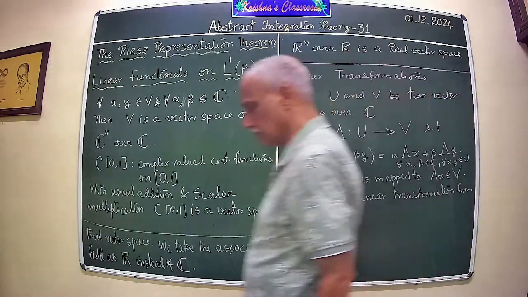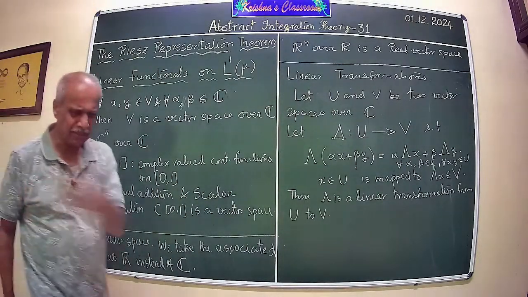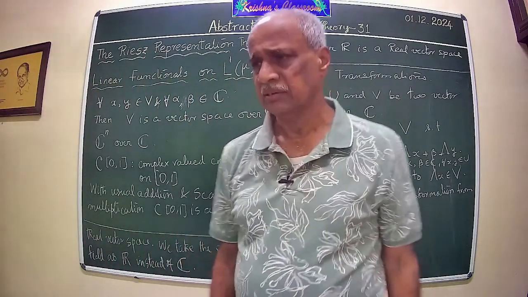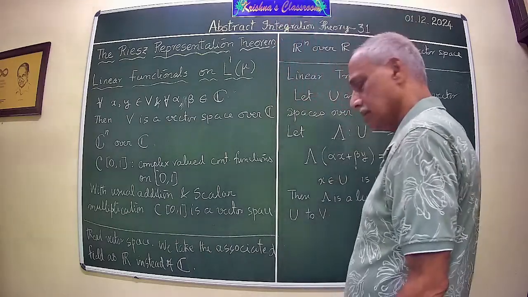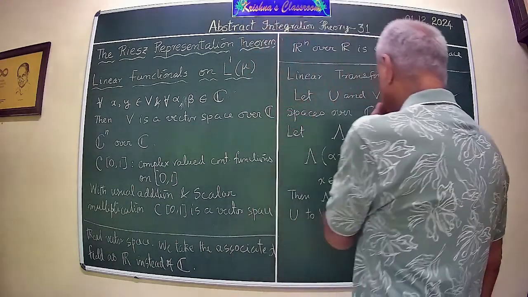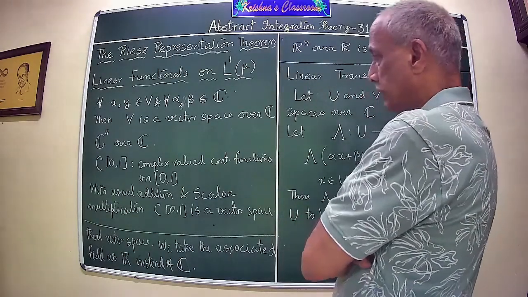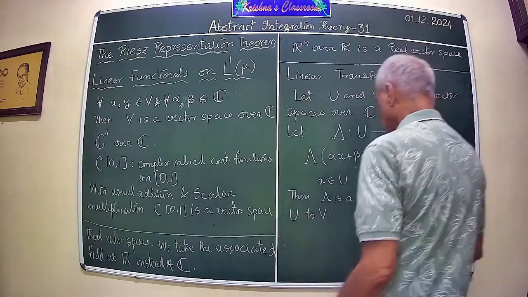So such transformations are called linear transformations. I am not going into the details because these are all familiar things. Now we are for the moment concerned about a special type of linear transformation.